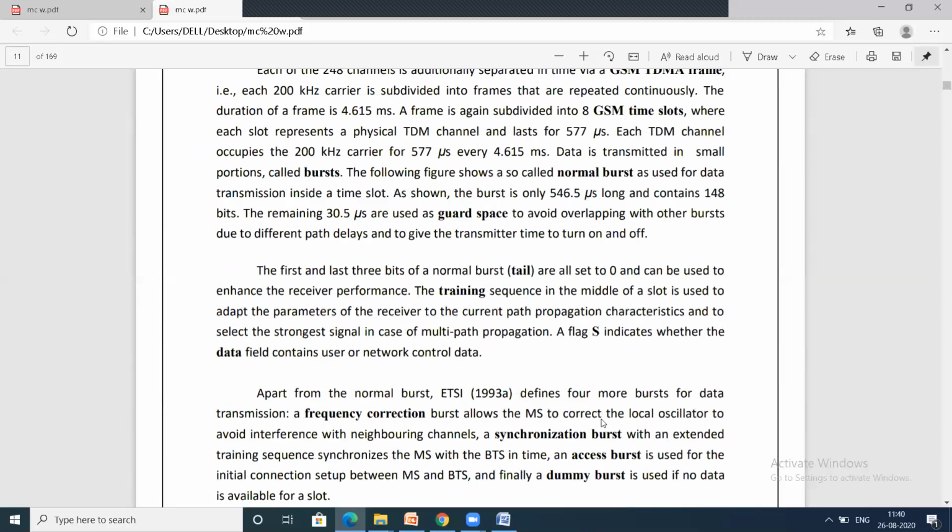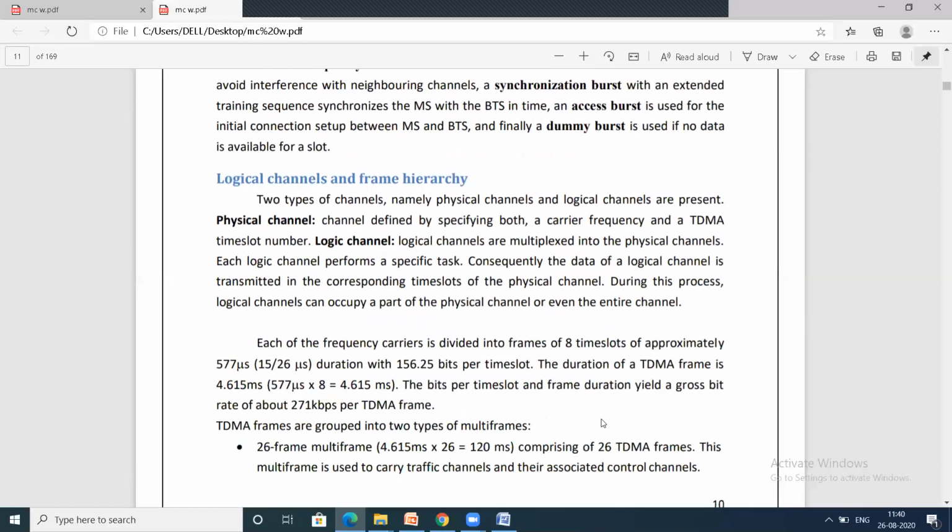Next, this is all about time slots, and next we discussed a very important topic, logical channels and frame hierarchy. We discussed two types of channels. One is the physical channel and one is the logical channel.